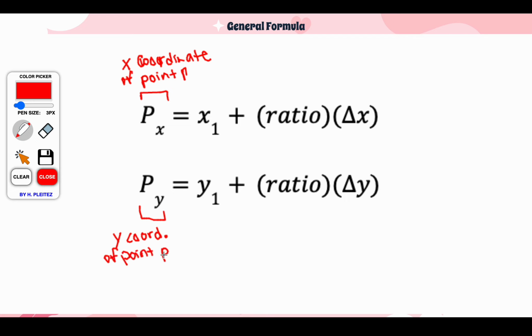And then x1 and y1 have to come from your start point. So these are the x and y coordinates from the start point. Now remember, the start point is whatever point that they list first for you.